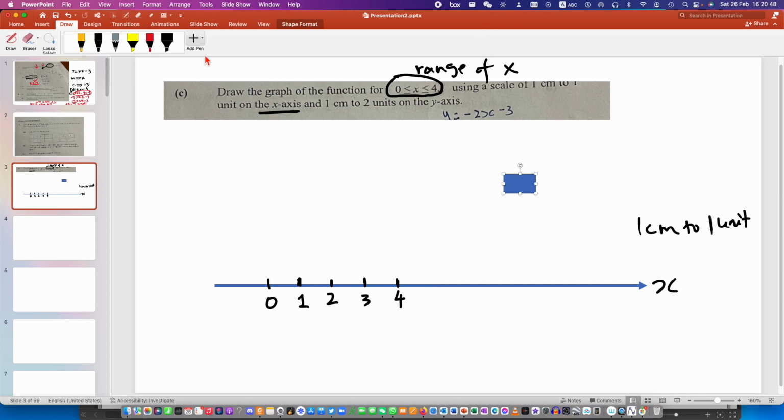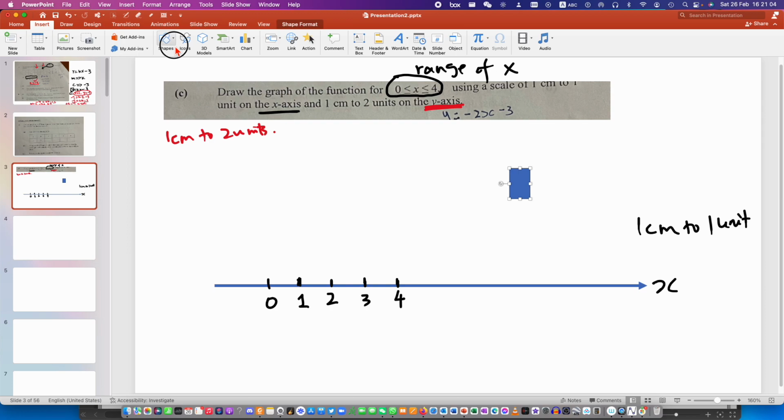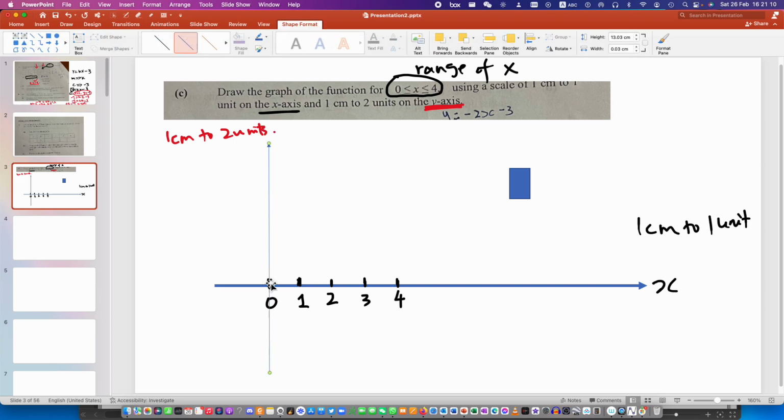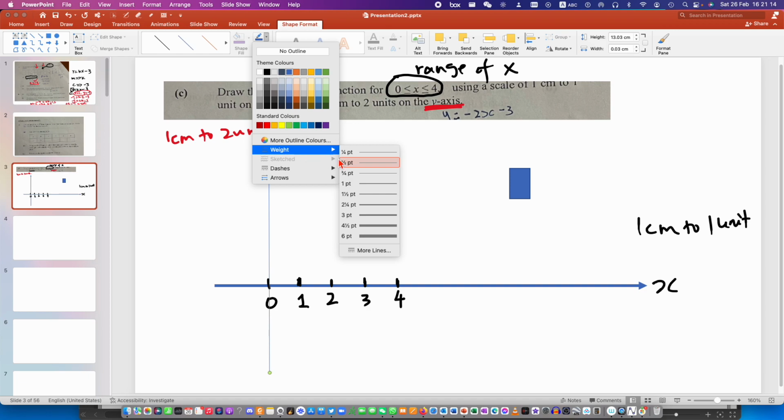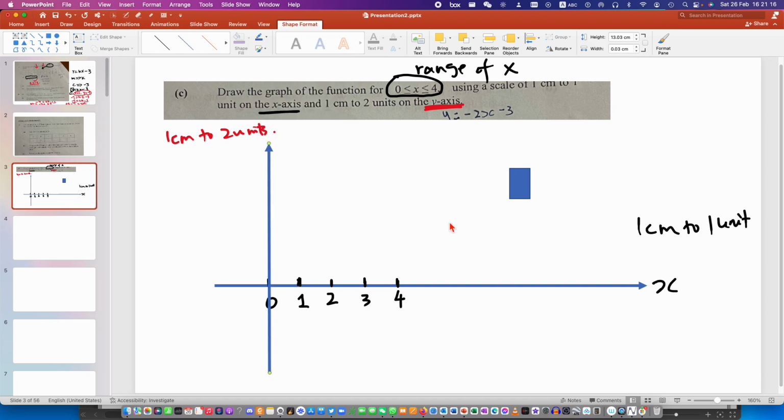Now they say the y-axis. The y-axis is 1 cm to 2 units. Meaning what? You use this 1 cm, but you insert the y-axis first. Okay, 1 cm.